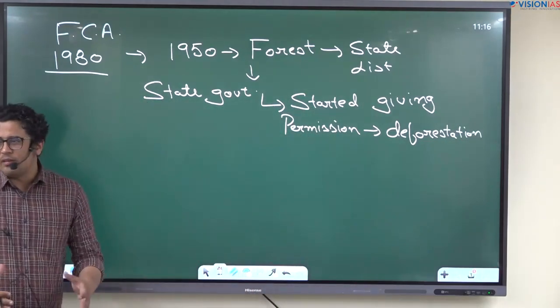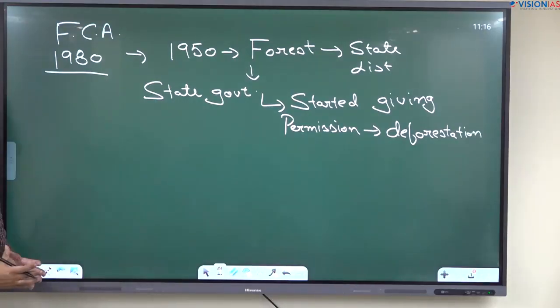If a road has to be constructed, permission for deforestation is given. If highways are constructed, mining is done, permission for deforestation is given. State government will give that. They need not ask the center.